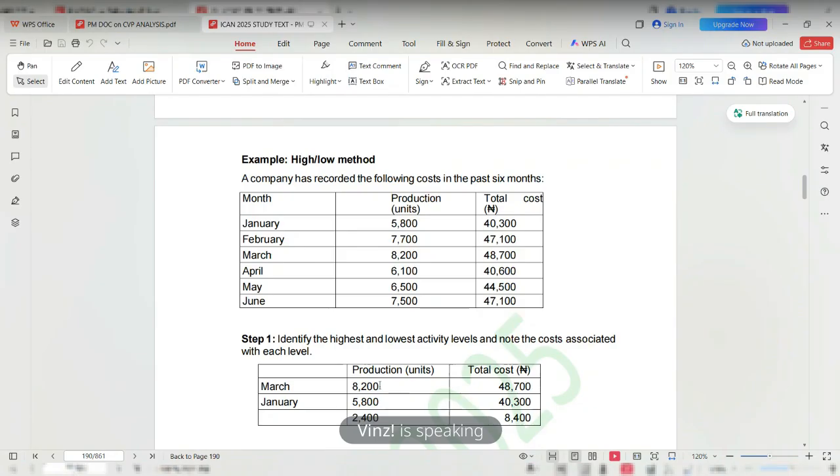So now, this is the highest, this is the lowest. Then you subtract the lowest from the highest units. 82 minus 58 gives us 24. Then you do the same thing for the total cost. So we get this.